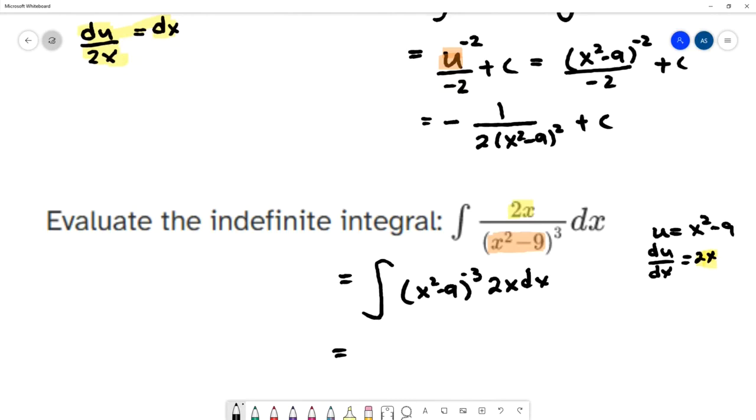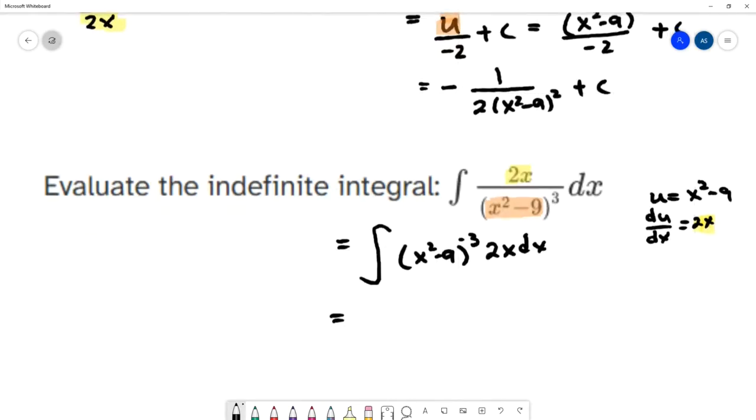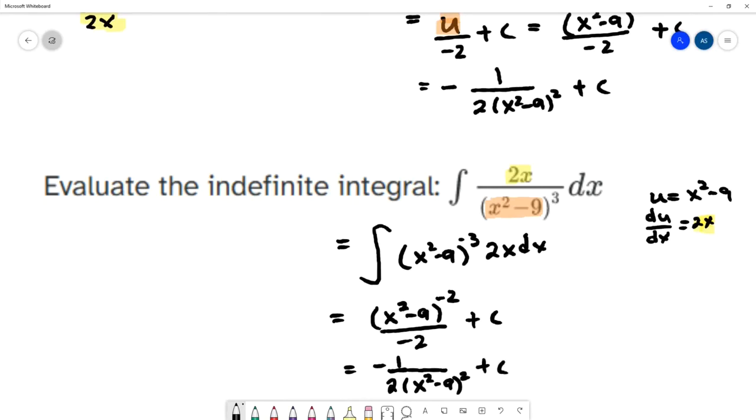So you can apply the general power rule: add 1 to that exponent and divide by that same exponent, plus c. And you get your solution of negative 1 over 2 times (x squared minus 9) squared plus c using pattern recognition.